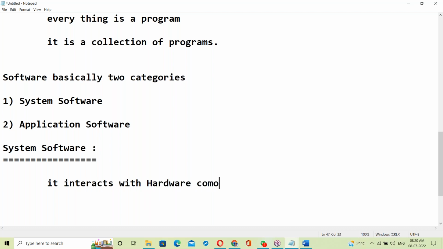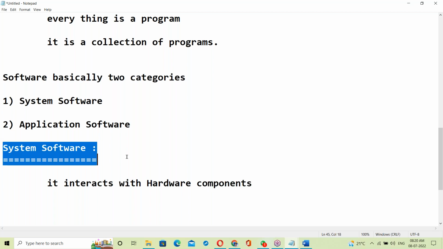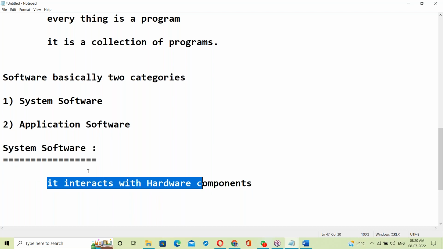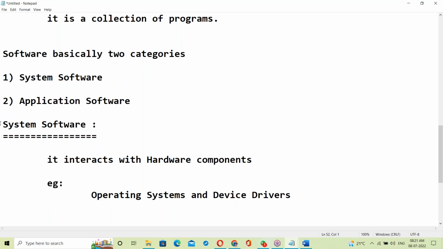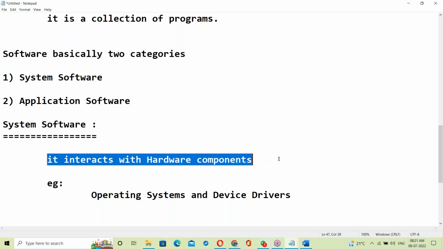Examples: operating systems and device drivers come in this category. System software interacts with hardware components.